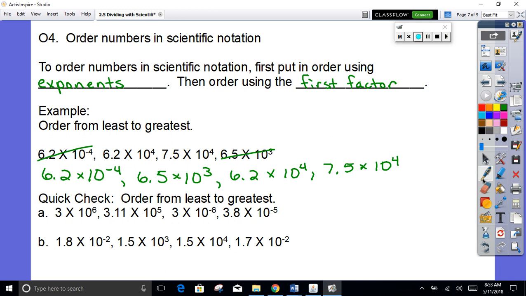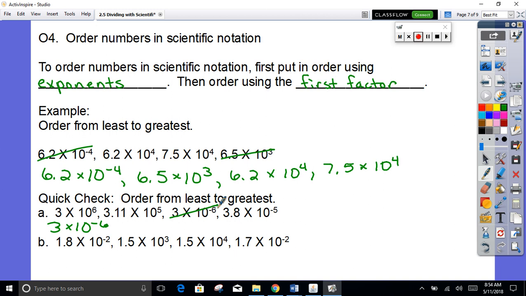Zoe, what would be the smallest number on the list for A? Which one has the smallest exponent? Good. 3 times 10 to the negative 6.